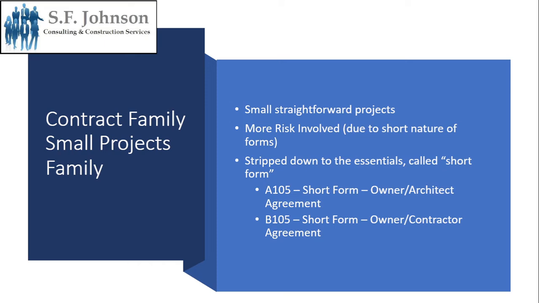They involve more risk, of course, because there's less wording, so less detail, and they're stripped down to the essentials. So we have two forms, and they're called the short form. A105 is the short form for the owner and architect agreement, and B105 is the short form for the owner contractor agreement. So those are the family that's called the small family.